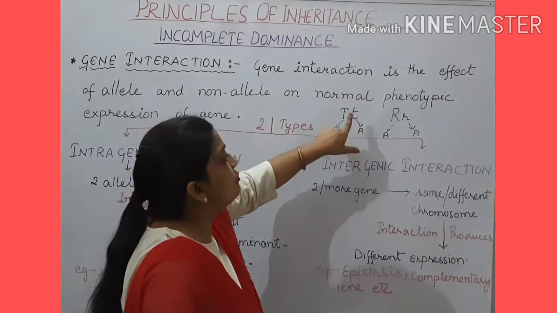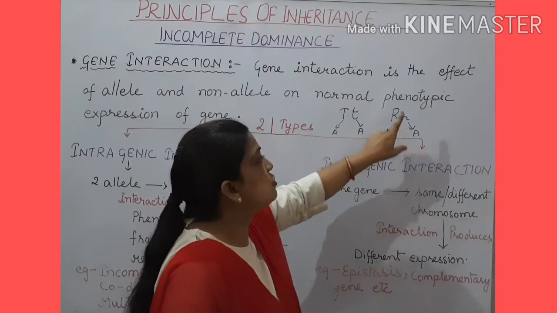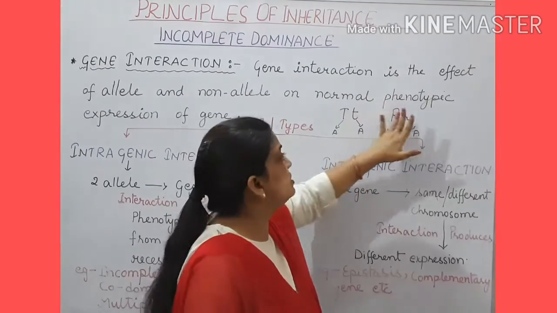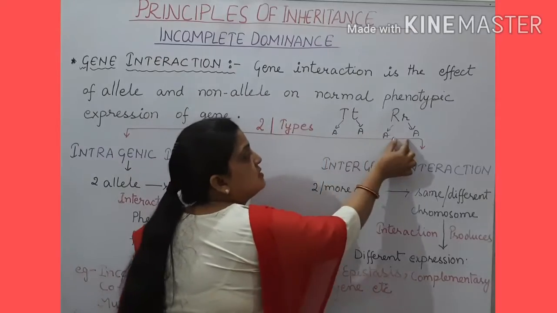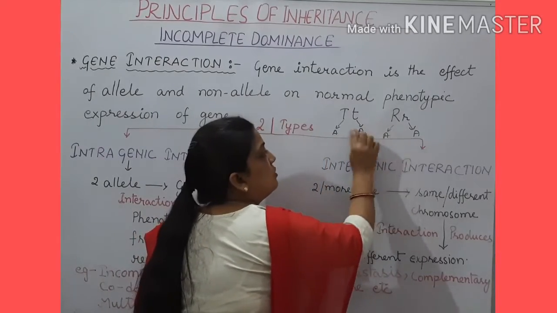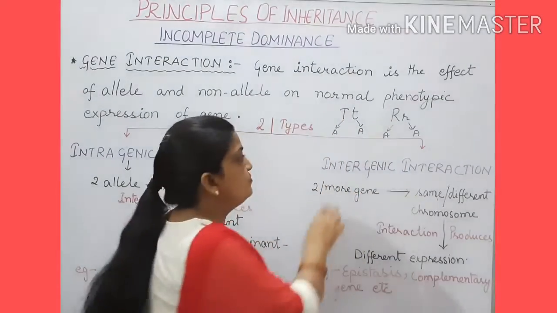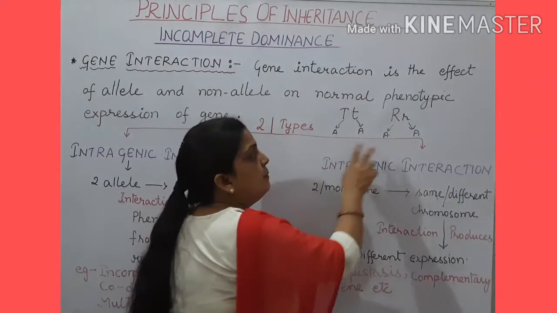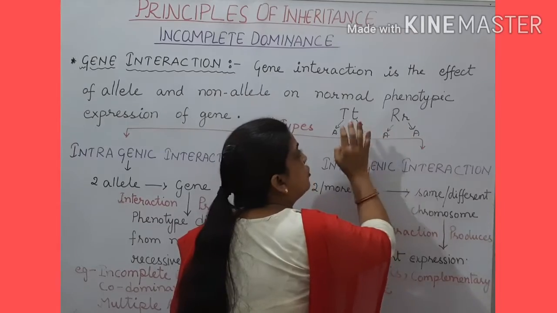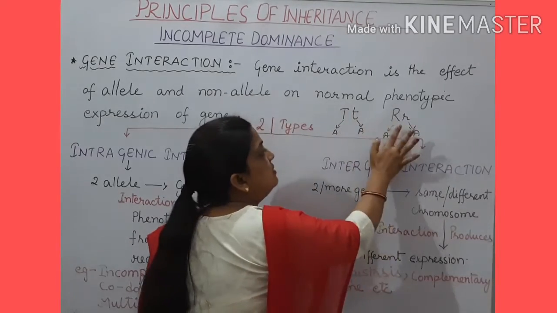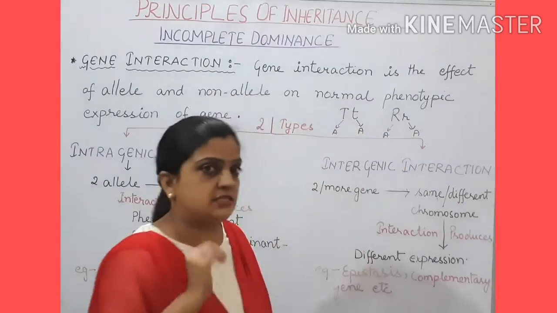These are the alleles of one character and these are the alleles of another character. That means this is a gene and this is a gene. These are alleles to each other, but capital T and small r or small t and small r are non-allelic to each other.